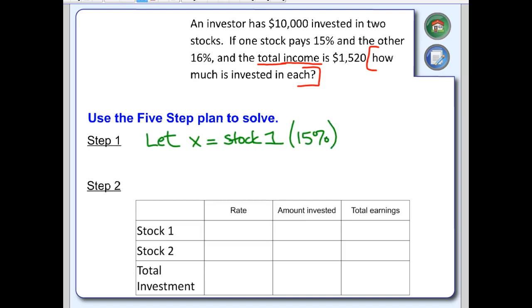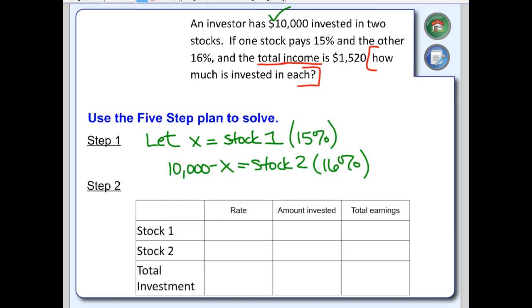Now, what's going to be stock 2? What was the total amount of money he invested? Yeah, $10,000. So that means 10,000 minus x is going to be stock number 2. And I'm going to remind myself that one was at 16%. Does it make sense? Yeah, okay. So let's fill in what we know.